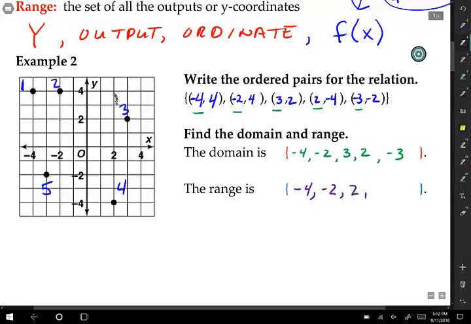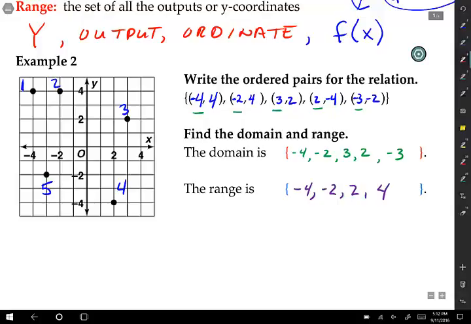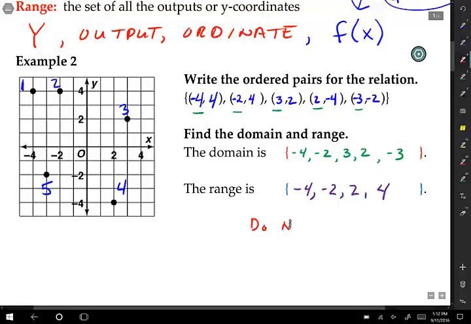And then going all the way up to +4, we have our final value of 4. Now I need to make a note here that we do not write values twice if they repeat.